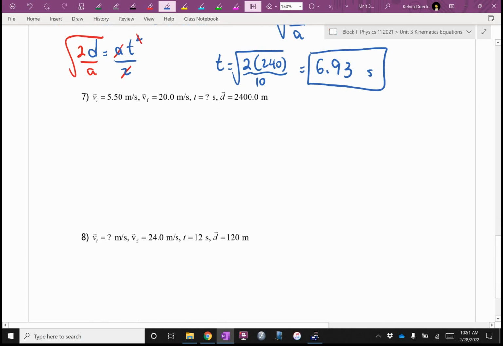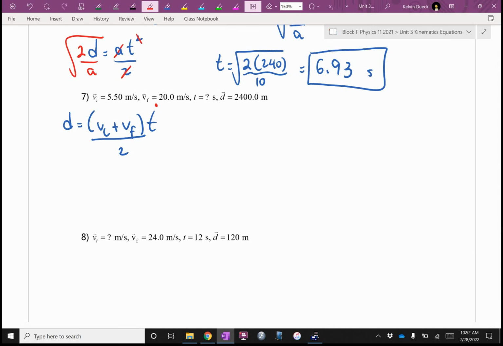These last two were really challenging, and I deliberately did not necessarily give you ones like this elsewhere. This is me saying, okay, can you figure out how this has to work? So the equation that I want looks like it's D equals bracket VI plus VF times T over 2. And it looks like they want me to get the T by itself. Okay. I can do this, I think.